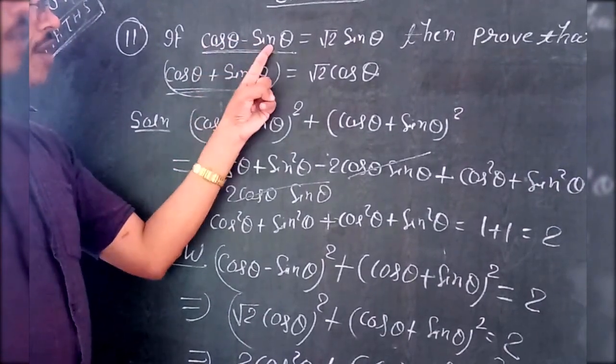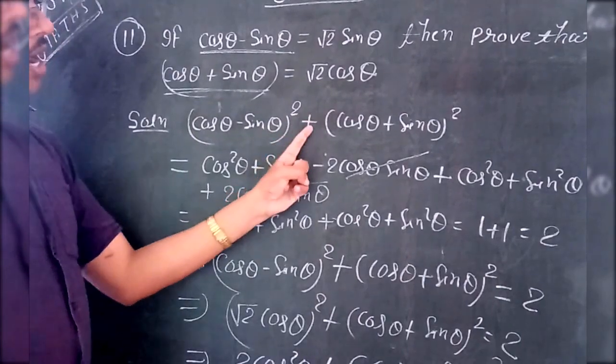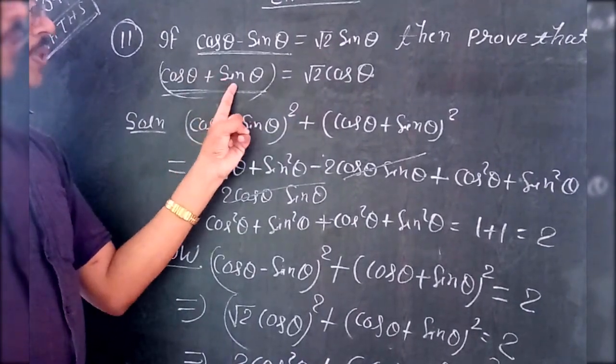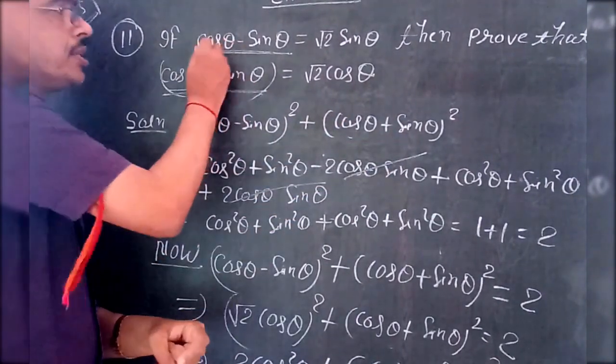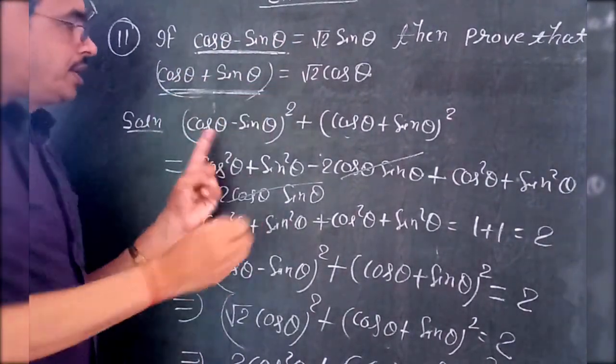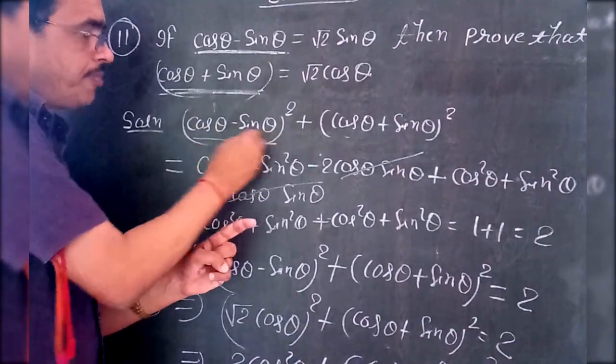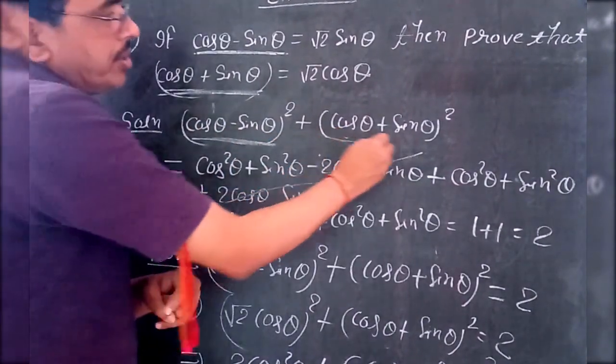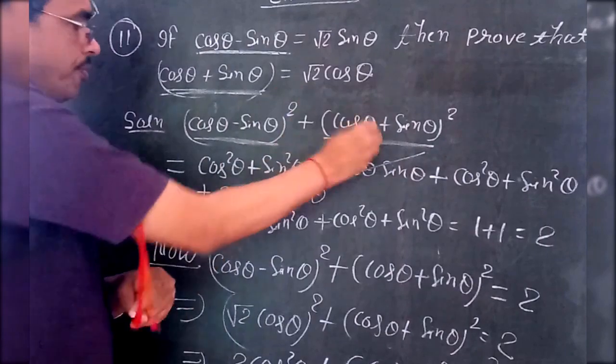So cos theta minus sin theta whole square plus cos theta plus sin theta whole square. What do you get?